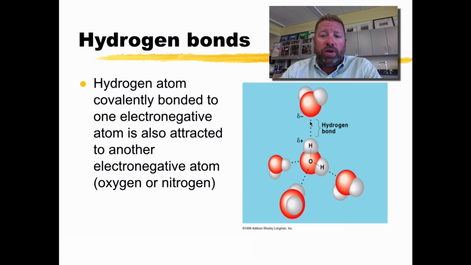So you get this organization where it's oxygen to hydrogen, oxygen to hydrogen, oxygen to hydrogen, oxygen to hydrogen. You get these interactions through hydrogen bonds. Hydrogen bonds are super weak.